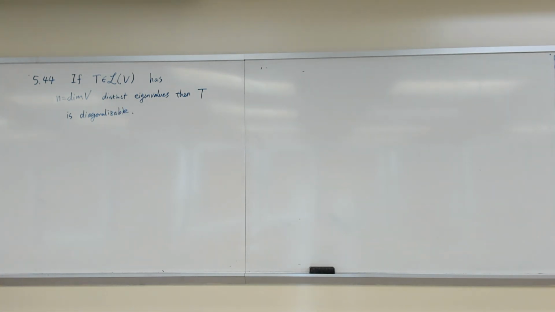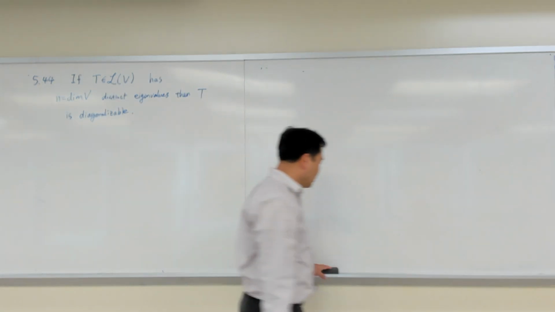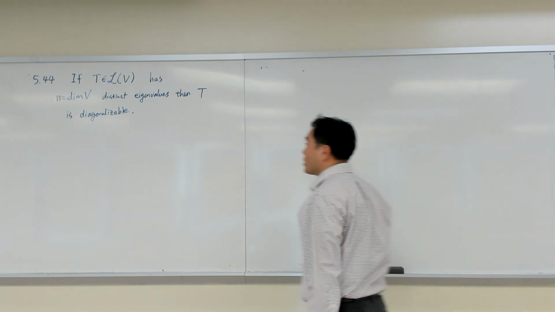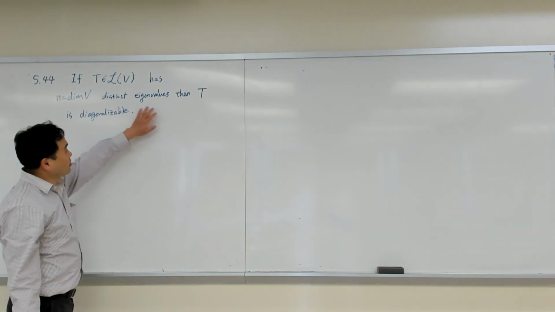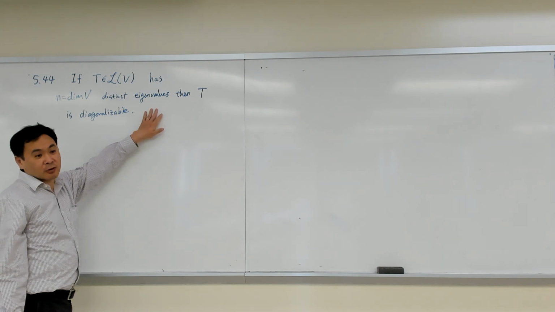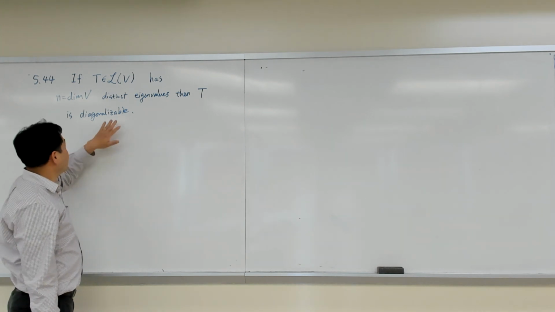Okay, so the corollary is that if you have n distinct eigenvalues, then T is diagonalizable.